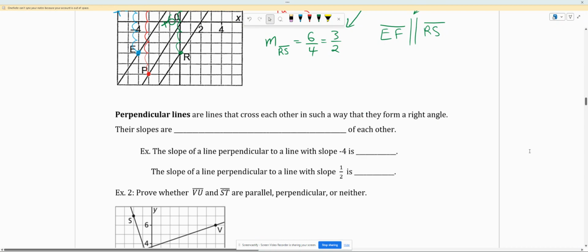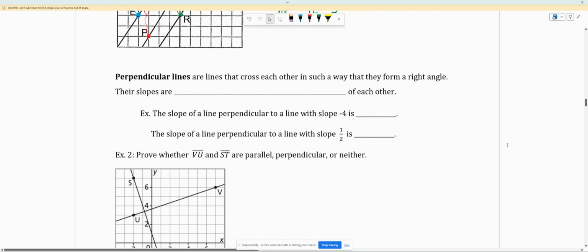Perpendicular lines. We know what these are. These are lines that cross each other in such a way that they form a right angle, a 90-degree angle. Remember that from trig. Their slopes are what's called a negative reciprocal of each other. Now, what is a negative reciprocal?